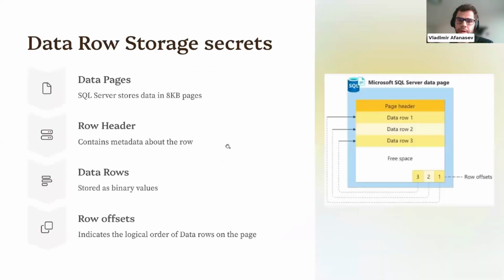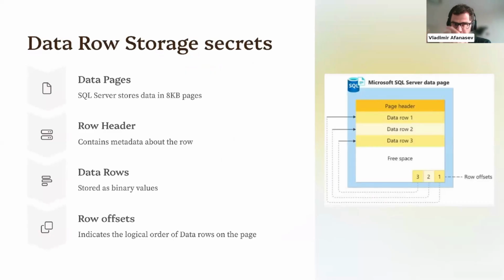So let's go further. Another basic topic, but let's explore it. How do we actually store data? We store it in a data page, hopefully not a secret for this conference, 8 kilobytes. We have the page header that contains metadata about the page, not just the row. There is a lot stored there in the header.